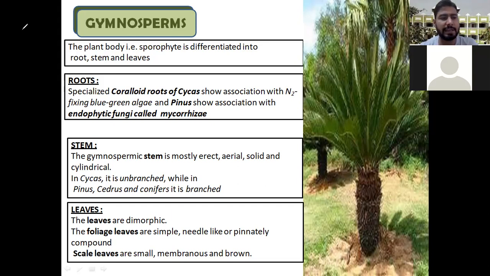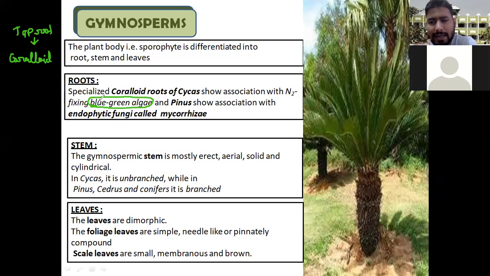In Gymnosperm, which type of root is generally found? Tap root. Along with the tap root, there are two different types of specialized roots. The first one is the Coralloid root, which we discussed yesterday. It is found in Cycas, where nitrogen fixing cyanobacteria, not bacteria, you have to listen to what I'm saying, that is blue-green algae, is found.